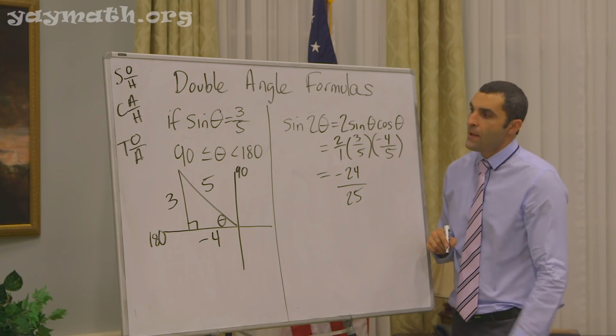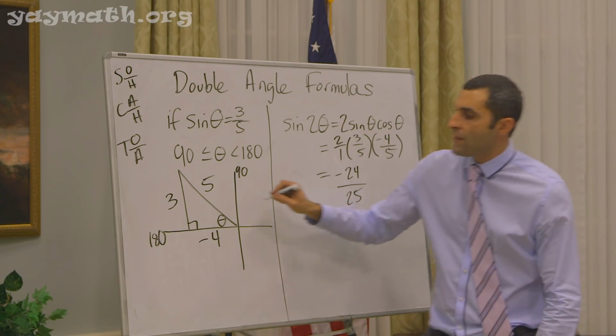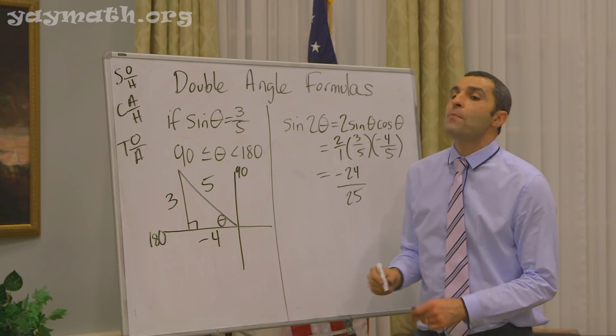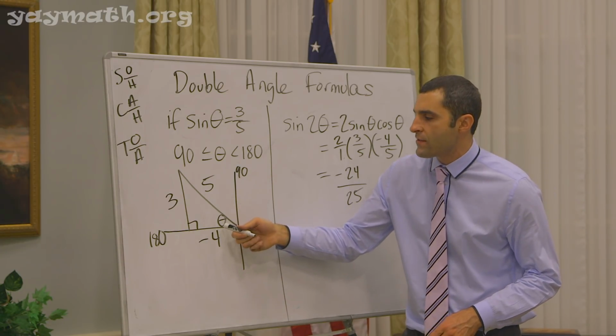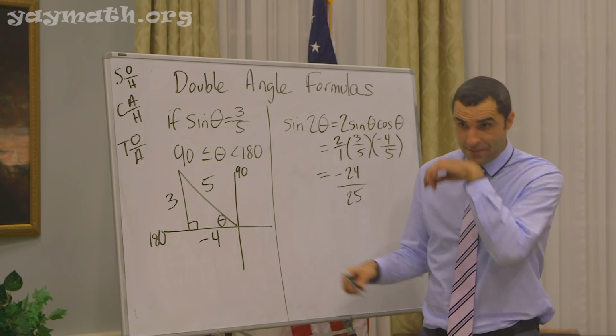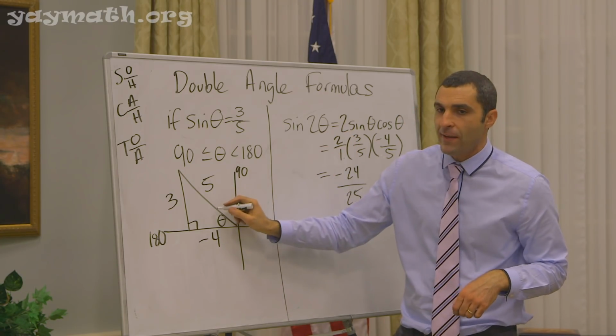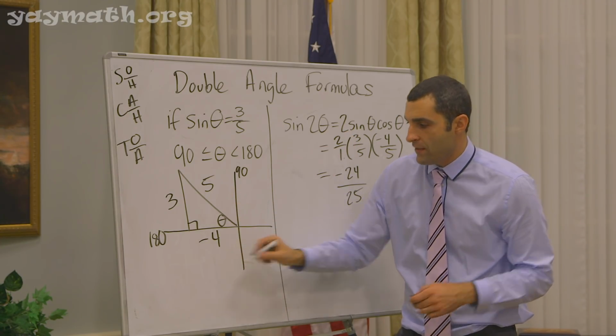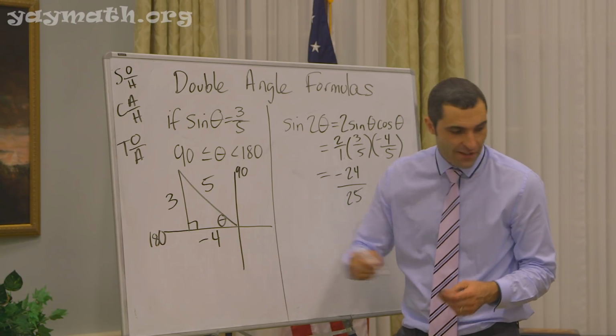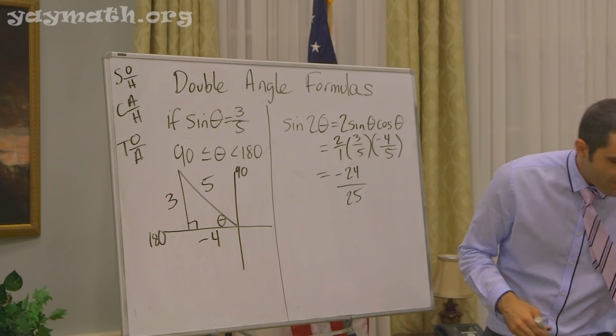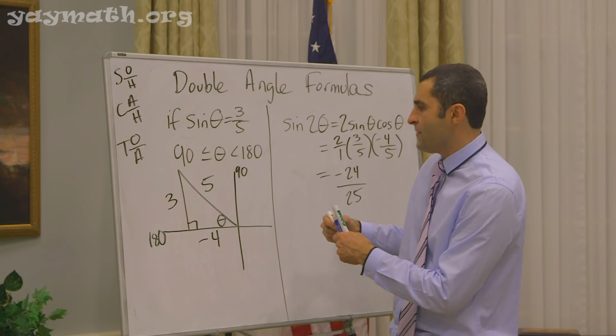By the way, if an angle is in quadrant 2 and you multiply it by 2, let's say this was 100 degrees, which is right in here, multiply it by 2 and where would you be? Quadrant 3. And is sine negative there? Yes.